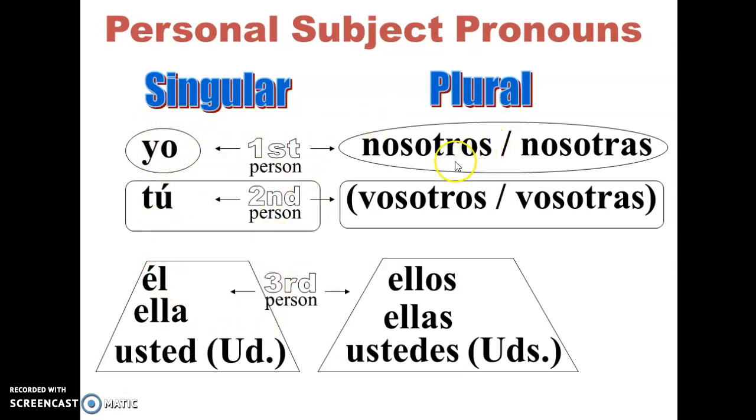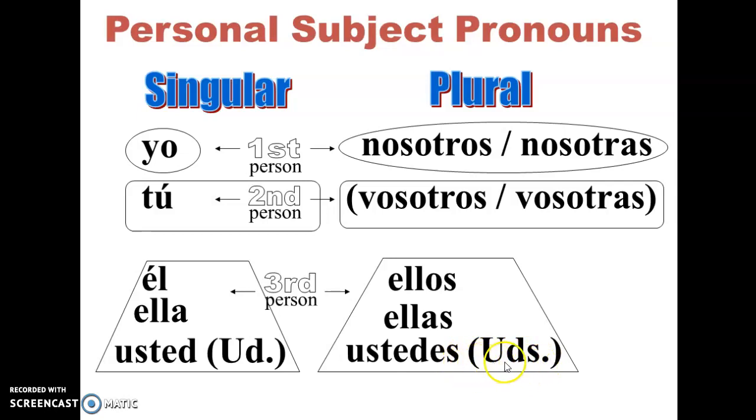Plural. Now, when we say we, it can be masculine or feminine. Nosotros, nosotras. Vosotros, vosotras. This is the one they use in Spain. And ellos, ellas, ustedes. So that's they, depending on if it's masculine or feminine, and ustedes, also abbreviated.